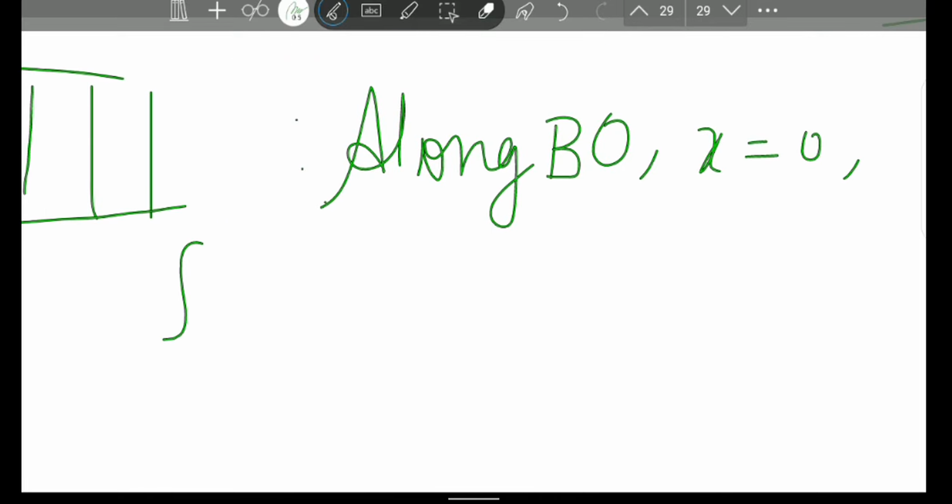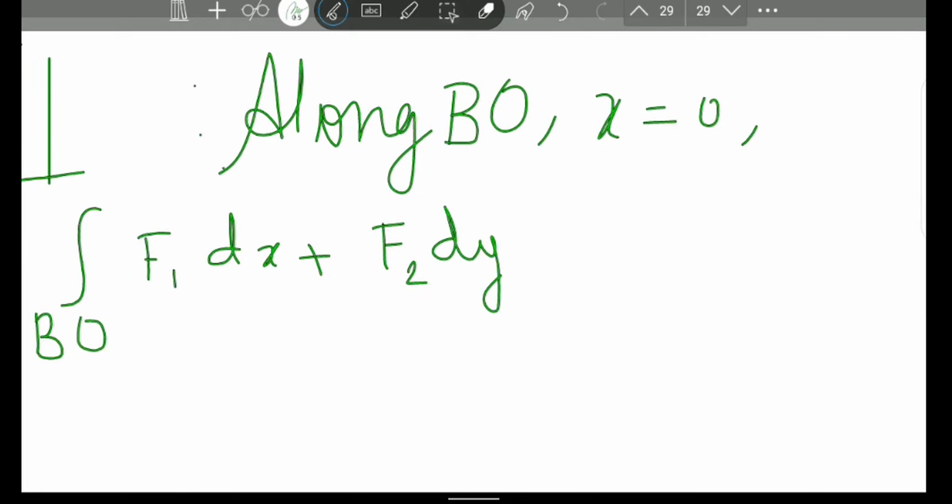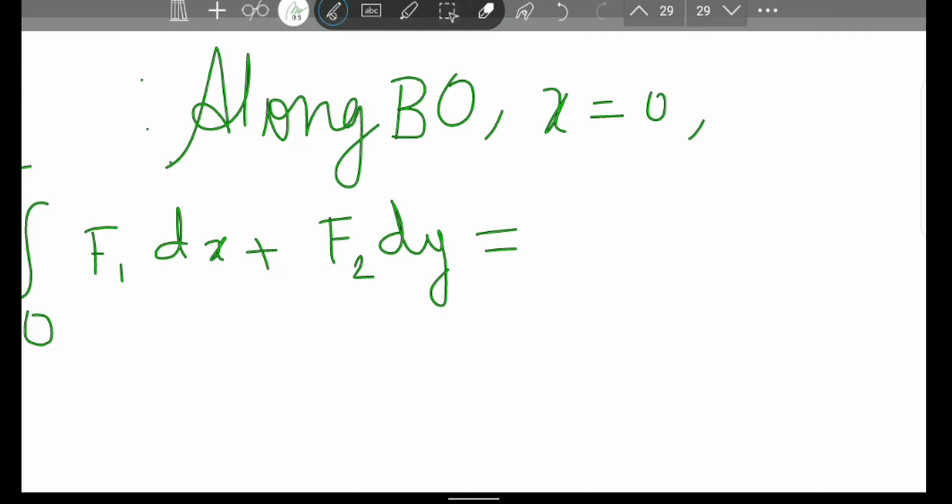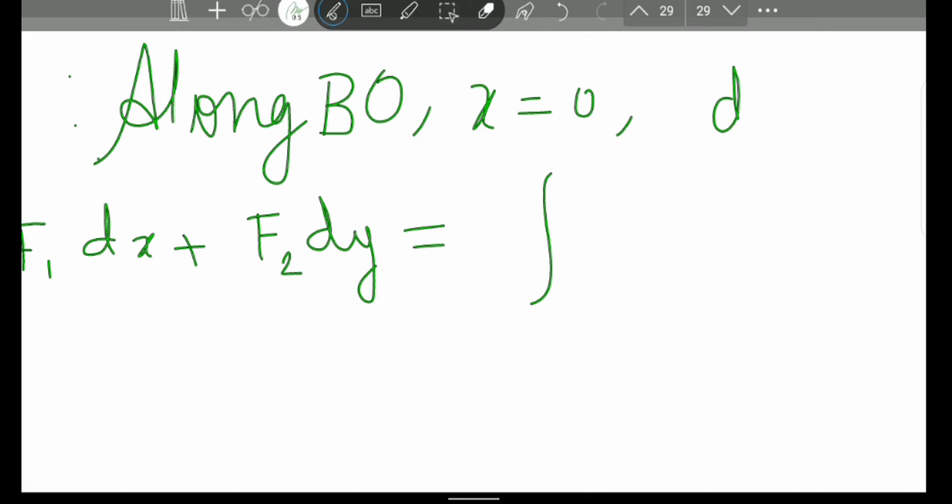So the integral along BO of f1 dx plus f2 dy: we have x equal to 0, so dx equal to 0. That will simplify our case. f1 dx is 0, so we are just left with f2 dy, and y changing from 1 to 0.